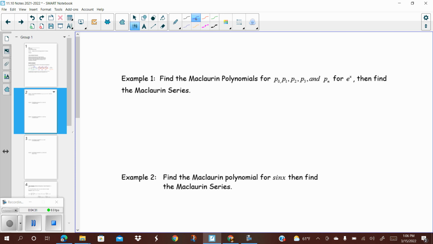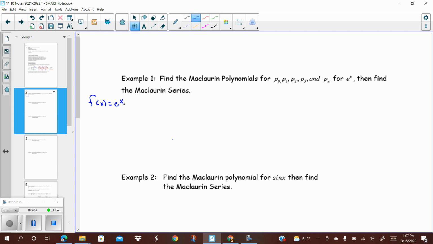So in order to create a polynomial using the Maclaurin polynomials, you're going to need to start taking derivatives. So the first thing we need is the original function, f of x equals e to the x. It wants us to find P sub 0.